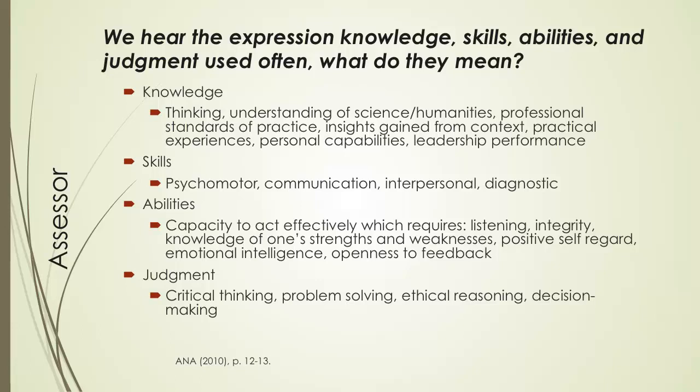Skills are things such as psychomotor, communication, interpersonal, and diagnostic skills. Ability attributes are capacity to act efficiently, which requires listening, integrity, knowledge of one's strengths and weaknesses, positive self-regard, emotional intelligence, and openness to feedback, and judgment, critical thinking, problem-solving, ethical reasoning, decision-making skills.